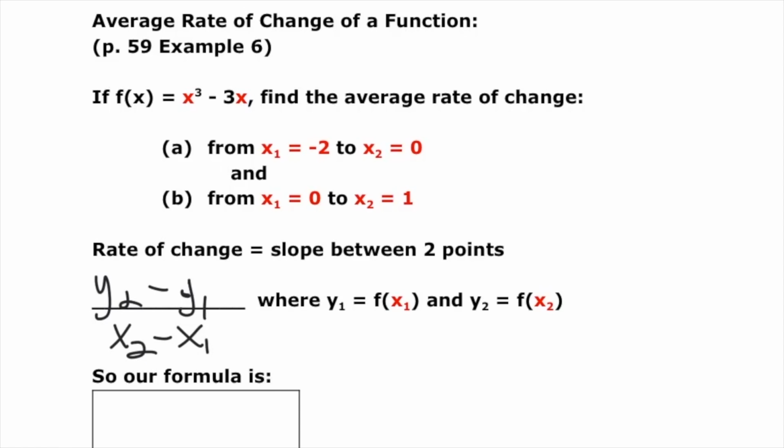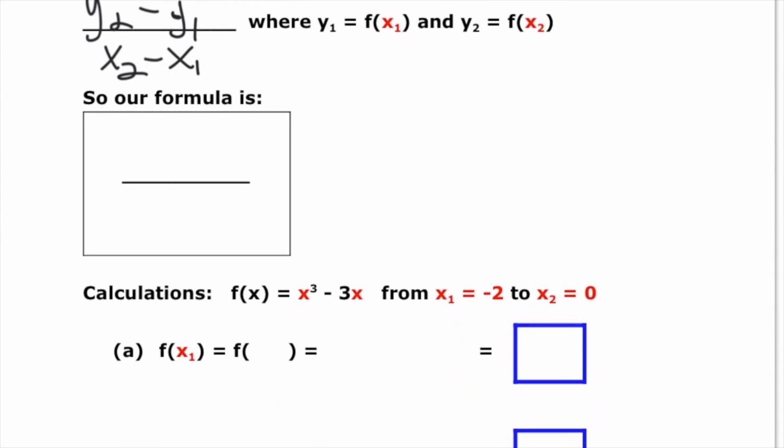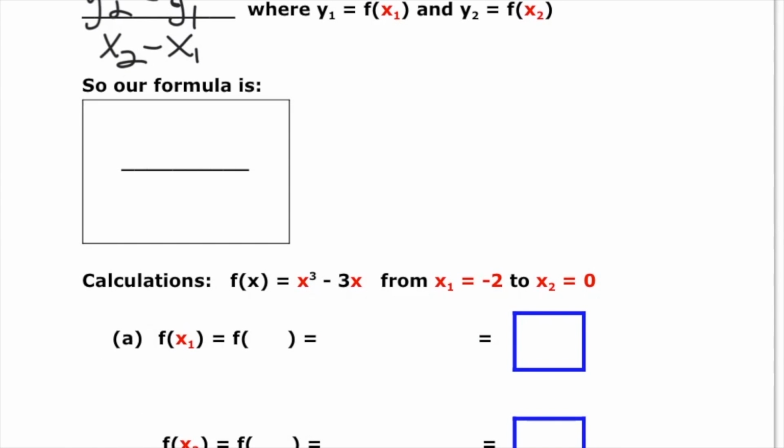There we go. So if we think about that, y sub 1 is really the same thing as the function's value at x sub 1, and y sub 2 is the function's value at x sub 2, then we have a new formula that we can use here for our rate of change, and that's the one that I have in the box for you.